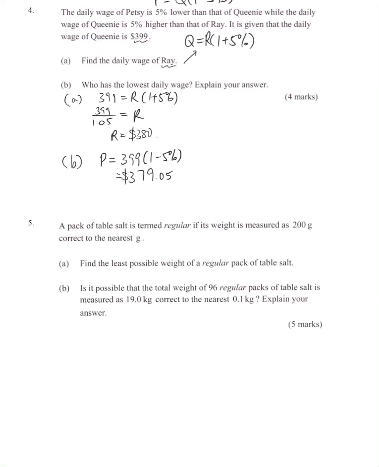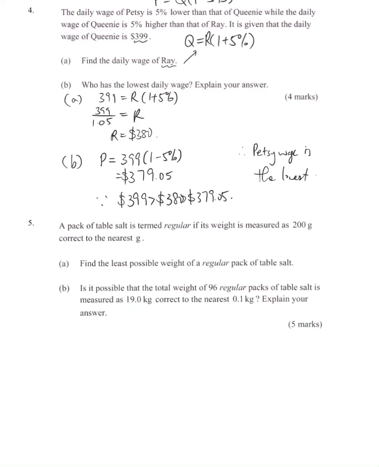So that means since 399 is bigger than 380, which is bigger than 379.05, therefore we can say that Patsy's wage is the lowest, even though it's not even $1 lower than Ray.